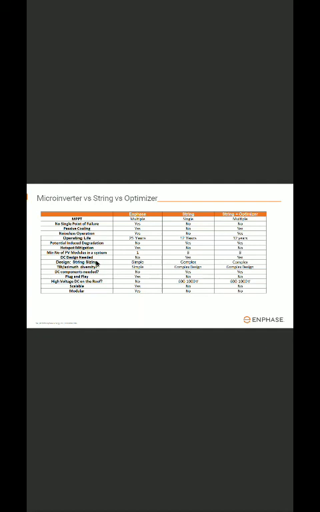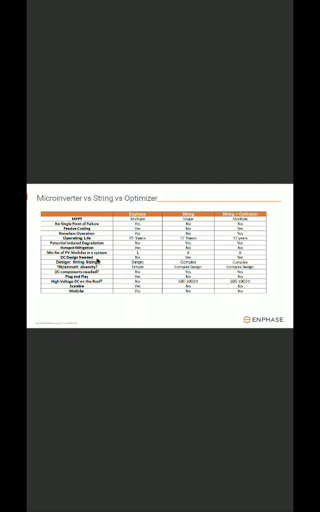And PID, potential induced degradation. There is no PID effect because PID is mainly predominant in high DC scenarios, more than 80 volt DC. We work at panel level, so we don't have that PID, whereas it is there in the other two cases. And hotspot mitigation: if you want to address a particular issue, you can do only that, with no need of completely switching off the circuit.